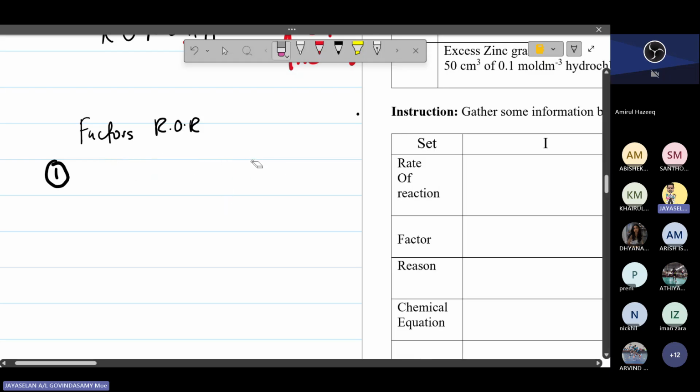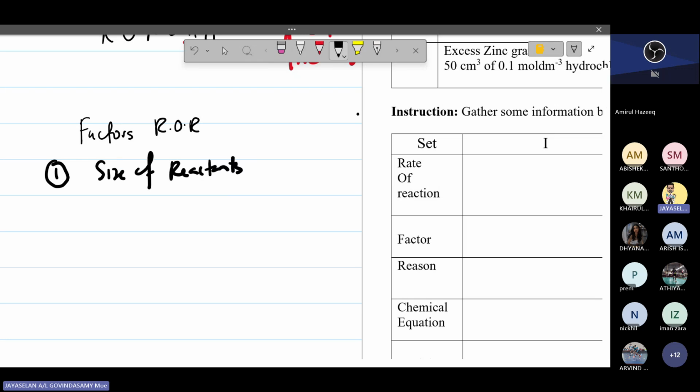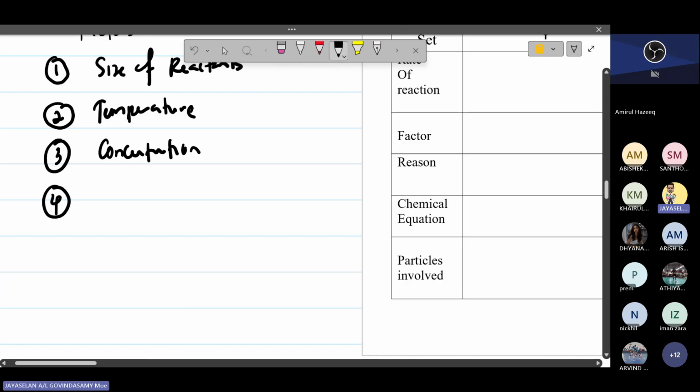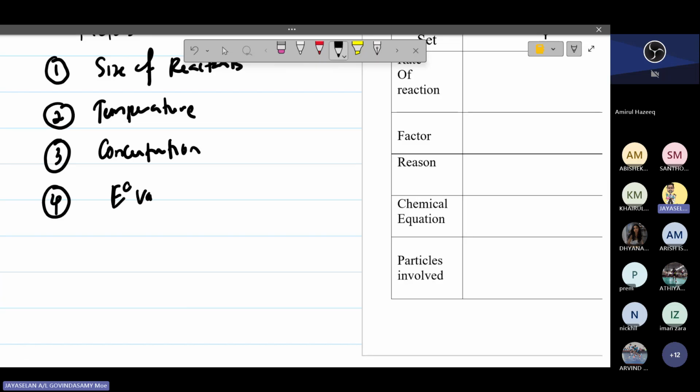The factor one is known as size of reactant. Factor 2 is temperature. Factor 3 is concentration. Factor 4: surely some of you will write E naught value.